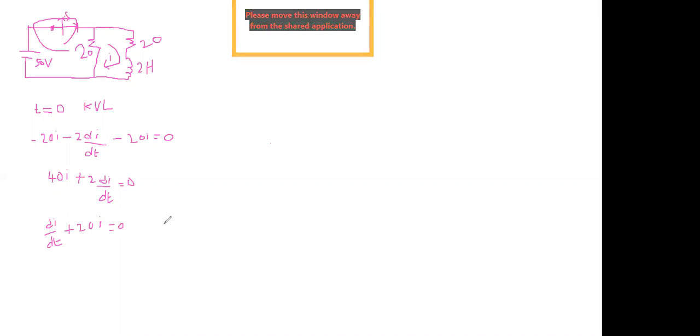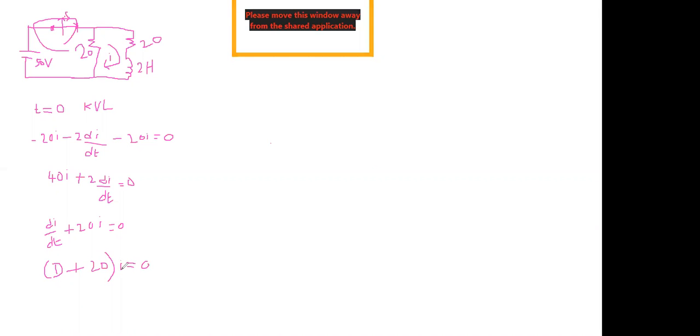If d by dt is written as D, this equation is D plus 20 into I equal to 0.